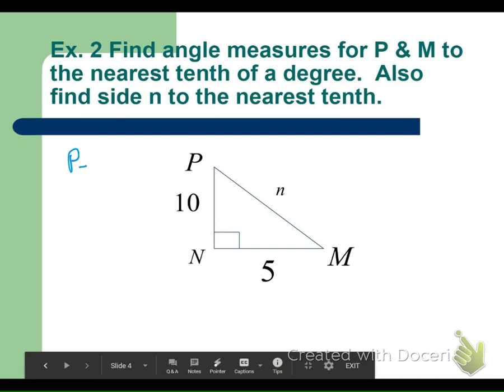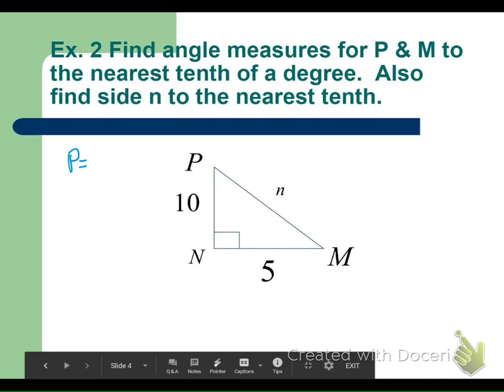In reference to angle P, which sides do we have? We have adjacent and opposite. Which trig function uses opposite and adjacent? Yep, tan.